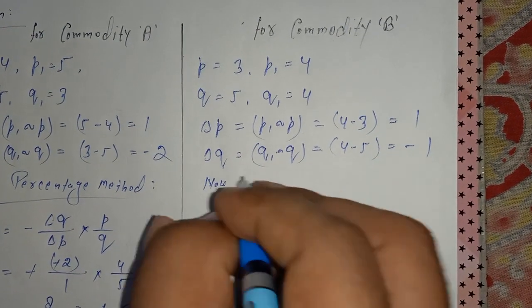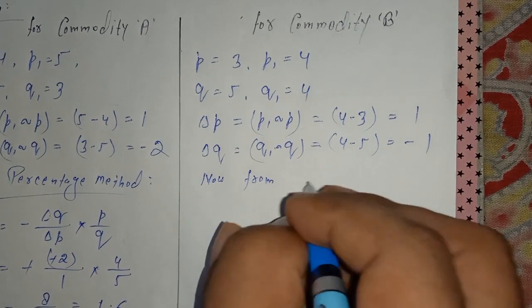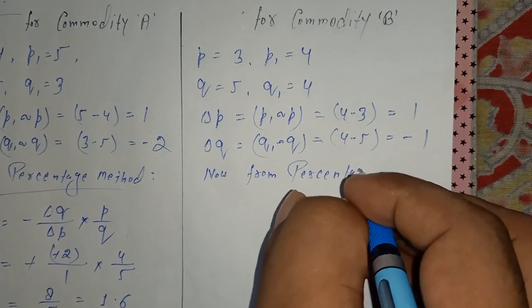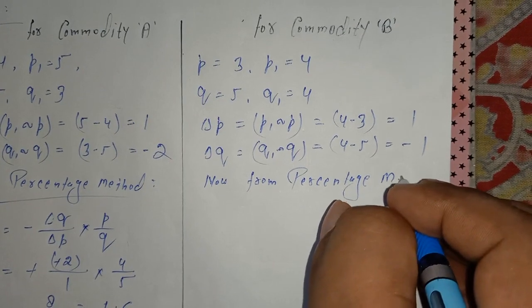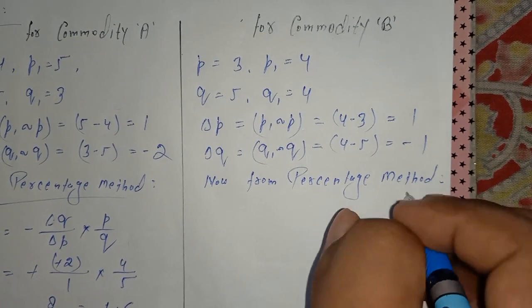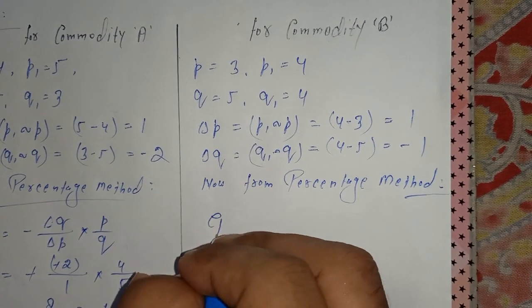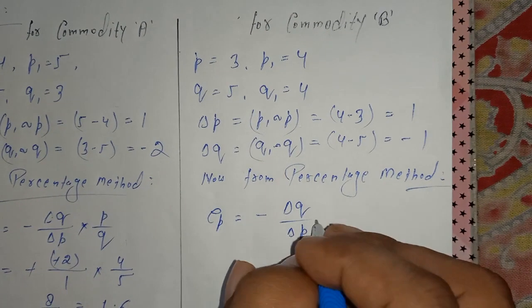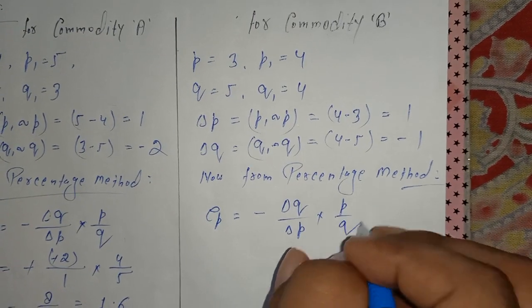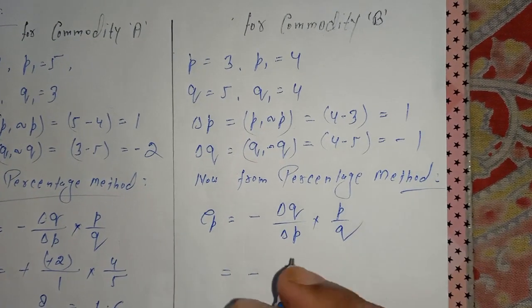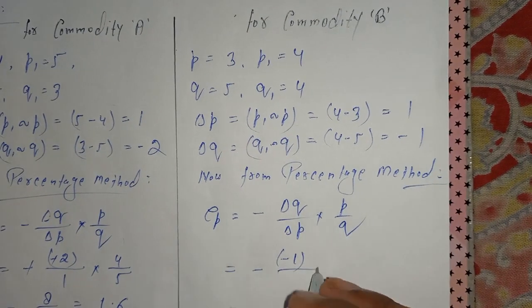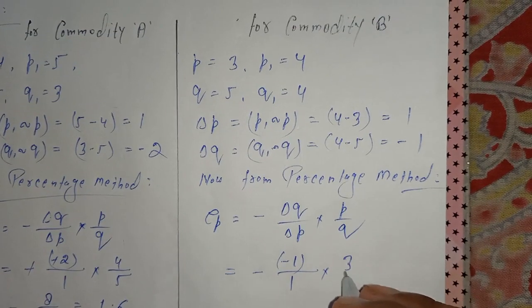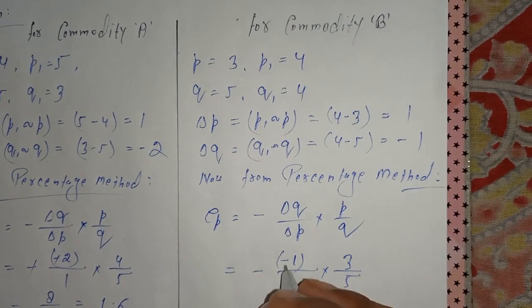Now again from the percentage method, EP is equal to minus delta Q upon delta P into P upon Q. Minus delta Q, minus 1, upon delta P, 1, into P, 3, upon Q, 5.